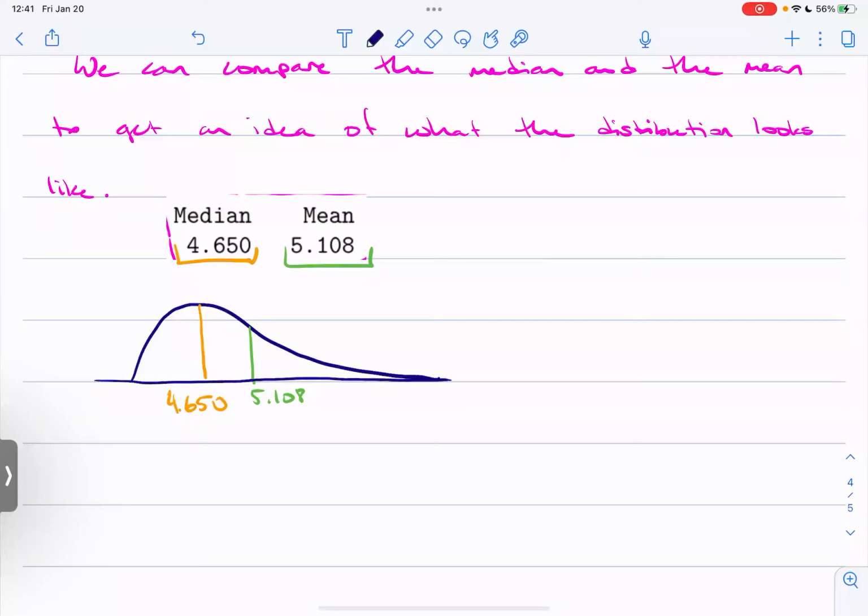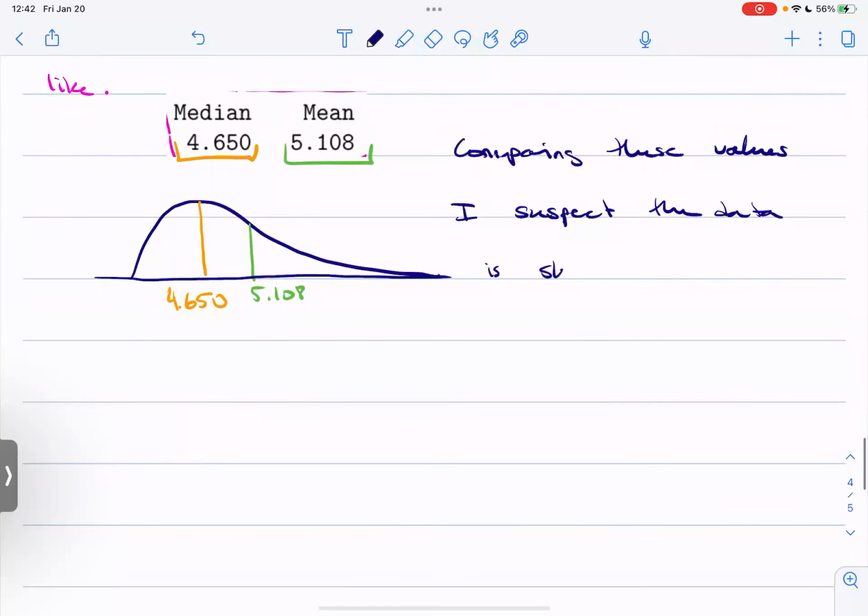And it looks so bare without an x-axis. So comparing these values, I suspect that this distribution is skewed to the right. Okay. So comparing these values, I suspect the data is skewed to the right.